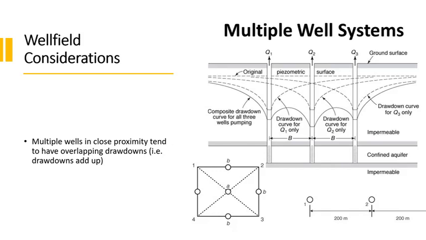They help aggravate the drawdown at that well site. Basically, this main drawdown here is a total of all the drawdowns. This is the drawdown from the well in Q3, and this is the drawdown caused by the well from Q2, and this component of drawdown is coming from the well from Q1. So they all superimpose their drawdowns on each other, and that should be accounted for in the wellfield design.